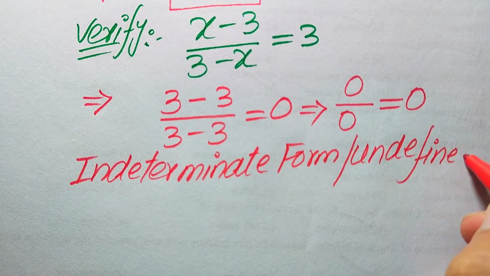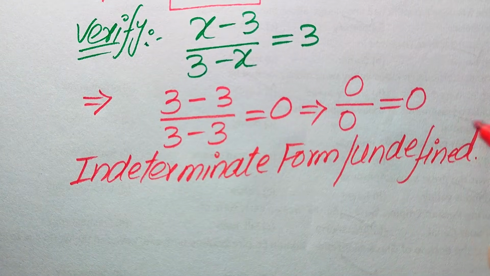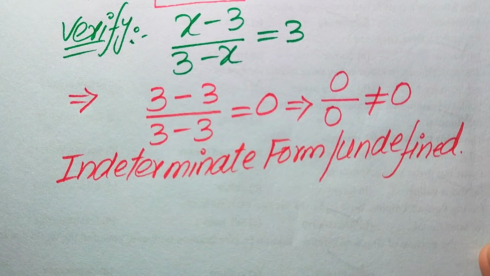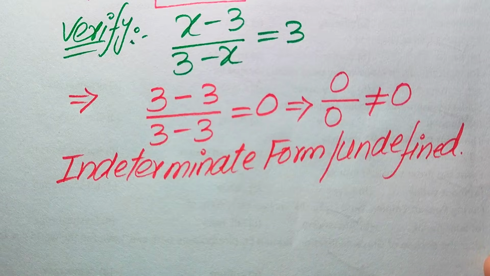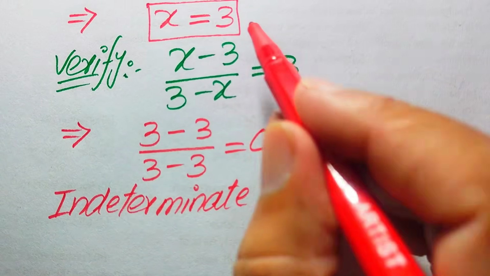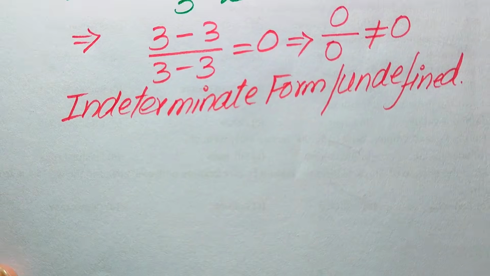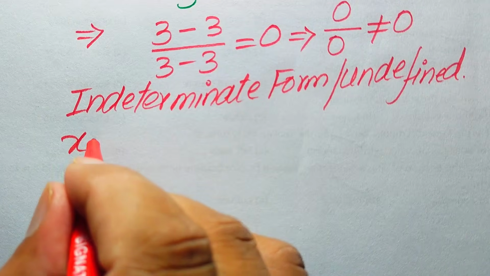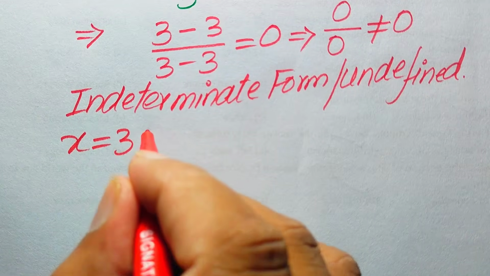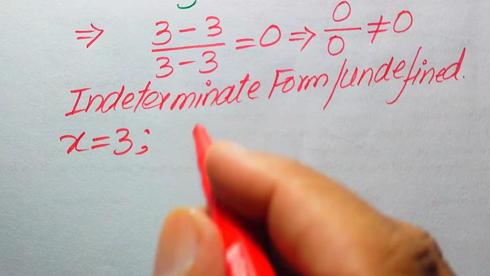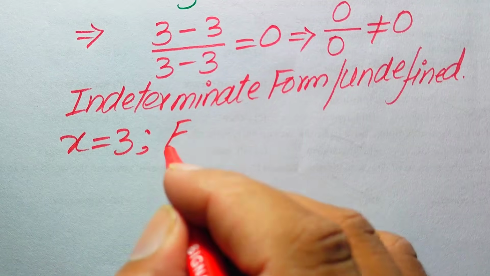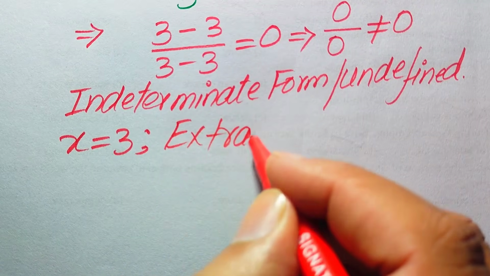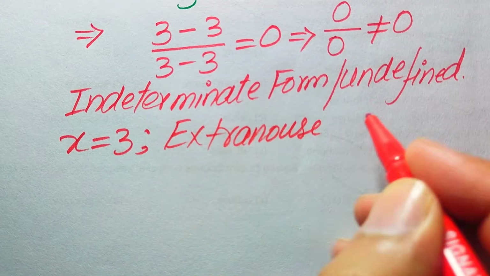If the left hand side is undefined, this means that both of the sides are not equal, so the value x equals 3 does not satisfy our given question statement, and we call x equals 3 an extraneous root of the given equation.